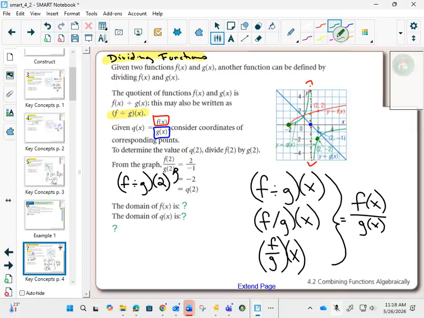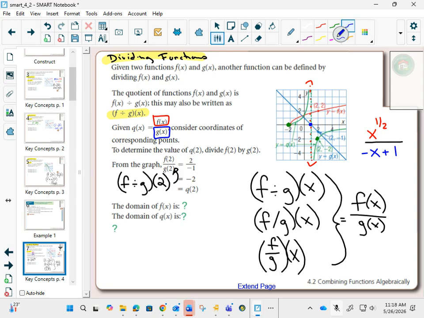With dividing, you will also cheat as much as you can and use your chapter 2 knowledge. The red graph is a square root graph. A square root graph has an x to the half, right? The blue graph is a line. In fact, this looks like it's minus x plus 1, y equals mx plus b.